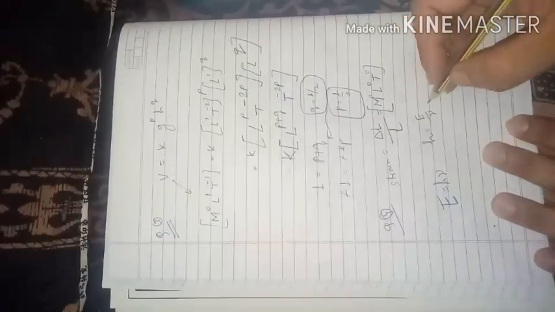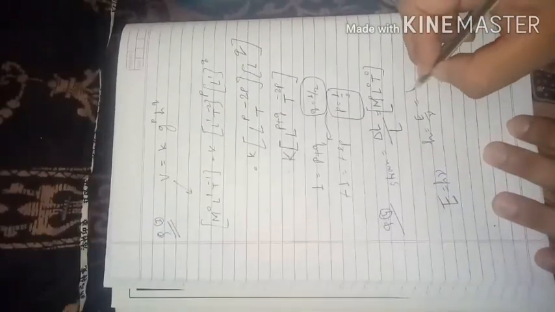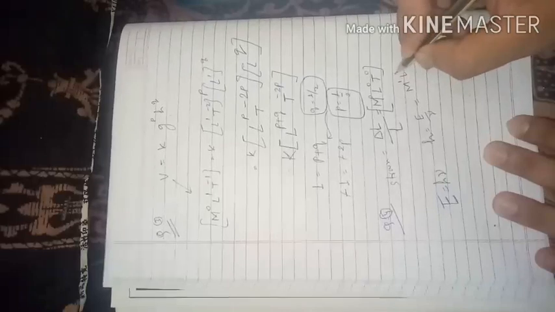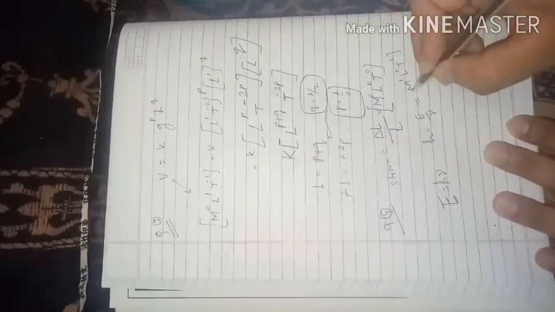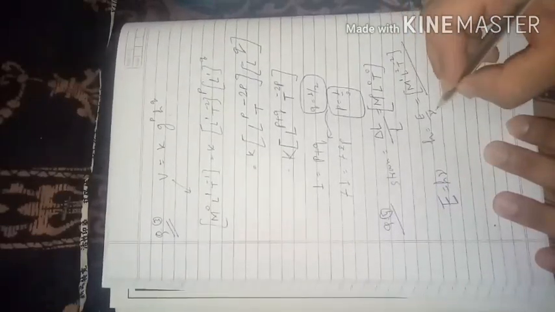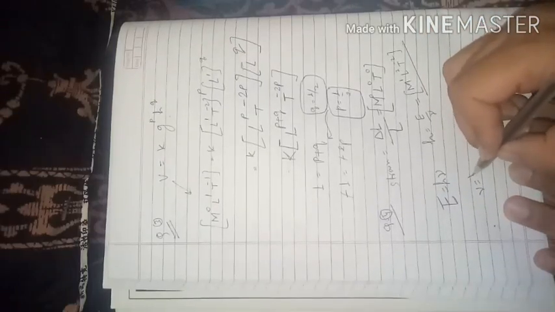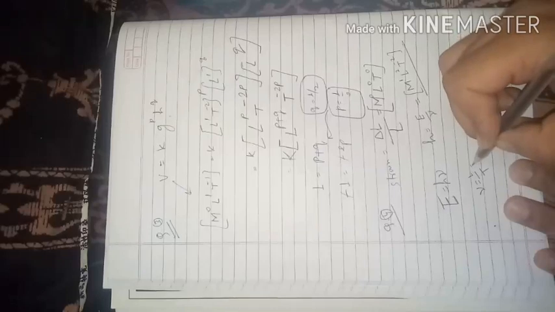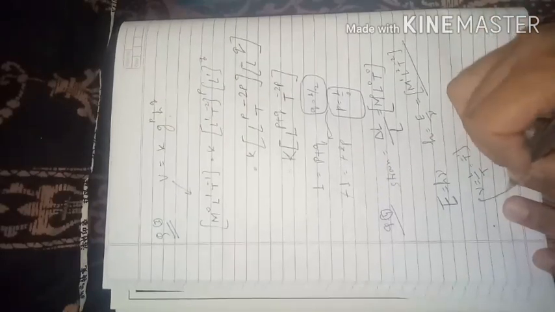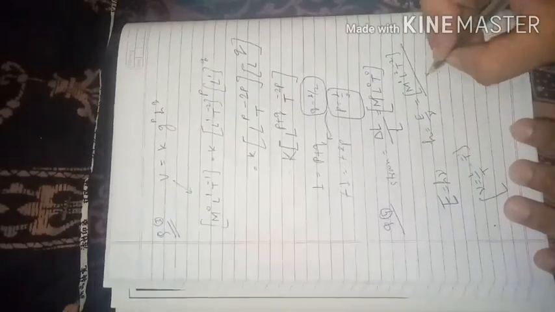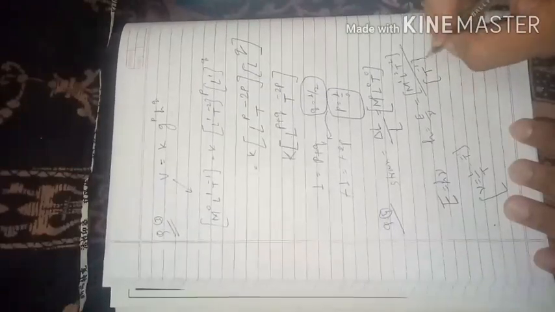So E will be M1 L raised to 2 T raised to minus 2. This is energy. And frequency is basically 1 by time period, right? So it's T raised to minus 1, that is frequency. So we'll put here T raised to minus 1.